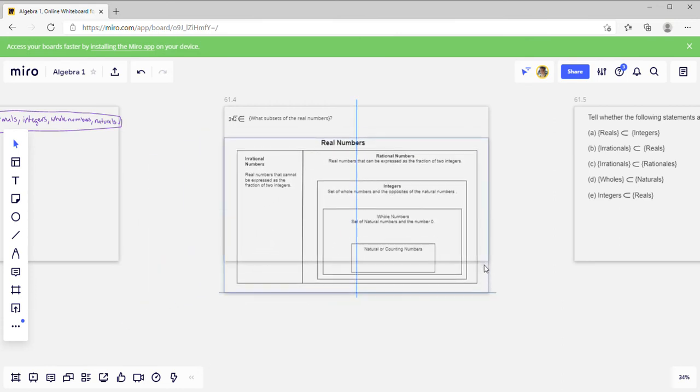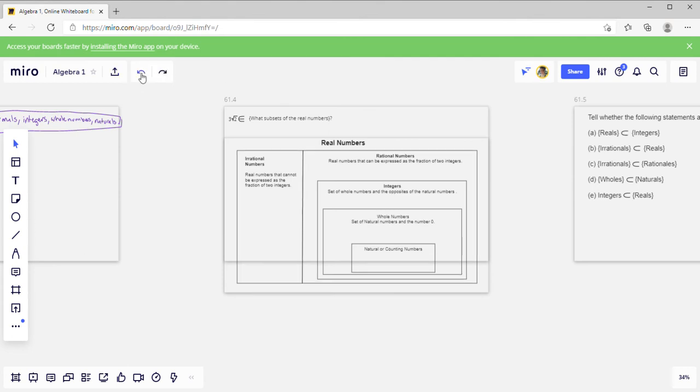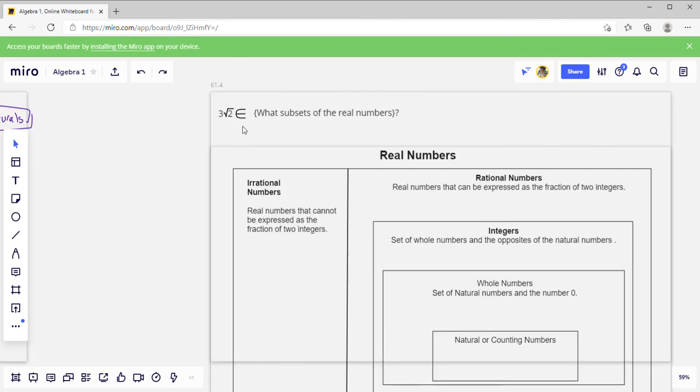All right, so we've got 3 times the square root of 2. So we remember that we know that the square root of 2 is an irrational number. And anything that's multiplied times an irrational number, the answer is going to also be an irrational number.